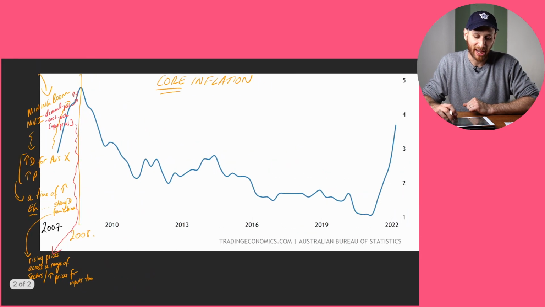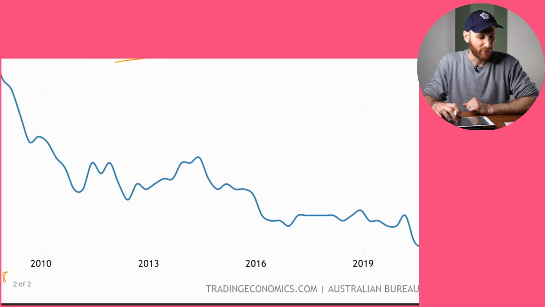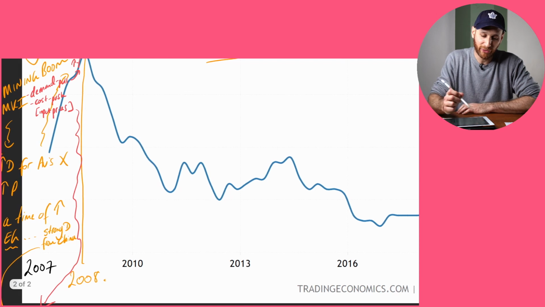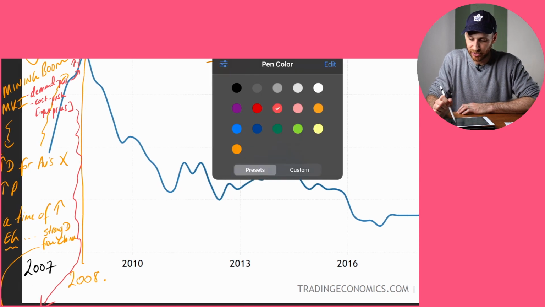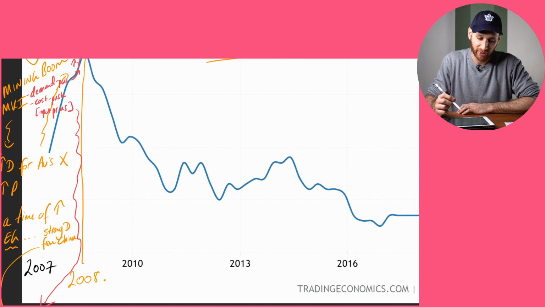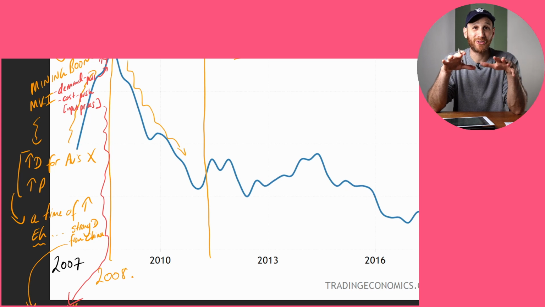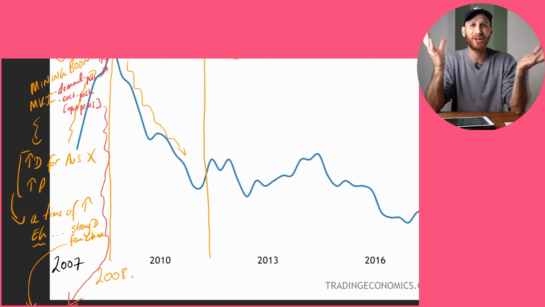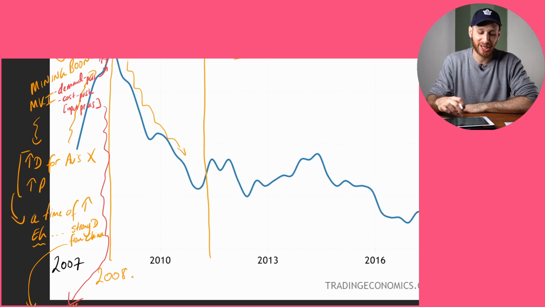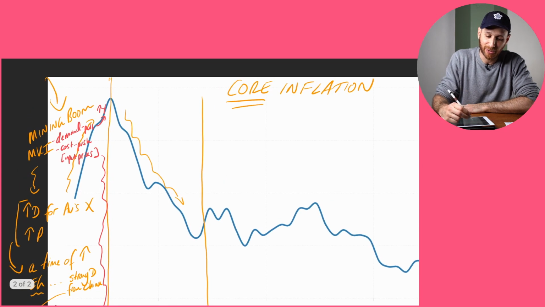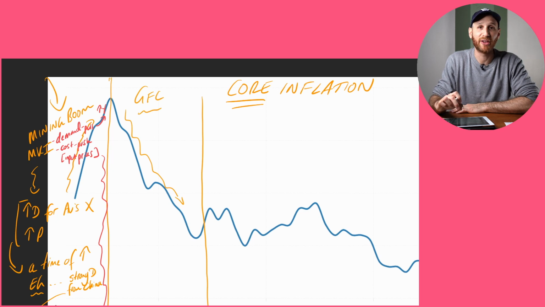In terms of what happens next, we've got this period of time, and we'll divide it up around about when it starts to resume its increase here. What we can see here is that core inflation is decreasing drastically, that there's some kind of huge shift that has occurred here. And we characterize this as the global financial crisis.